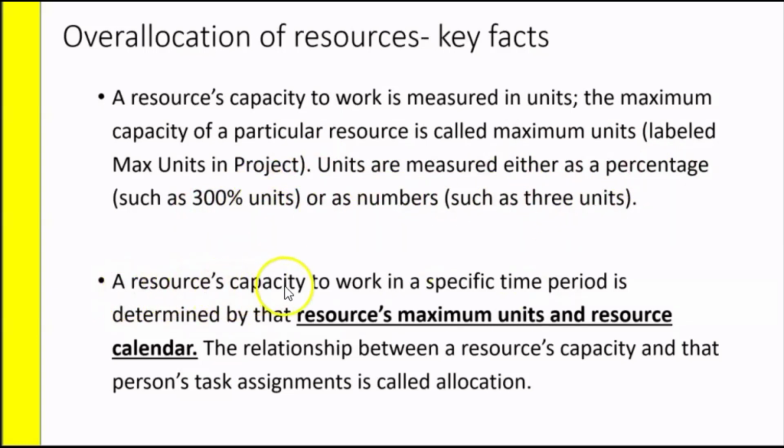A resource's capacity to work in a specific time period is determined by that resource's maximum units and resource calendar. Why resource calendar? The resource may be on leave. That is a significant factor that you should take into account so you don't schedule the resource when the person is on leave. The relationship between a resource's capacity and that person's task is called allocation.